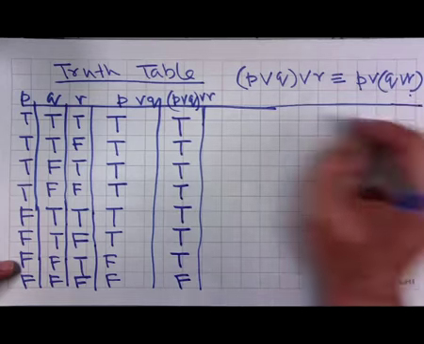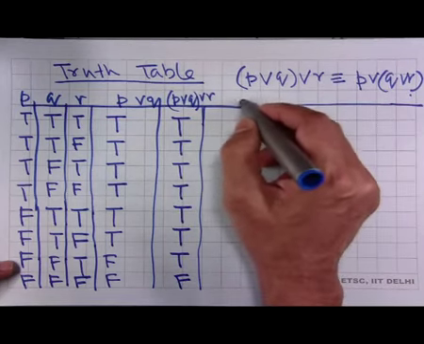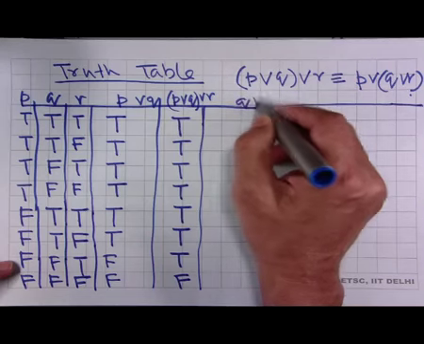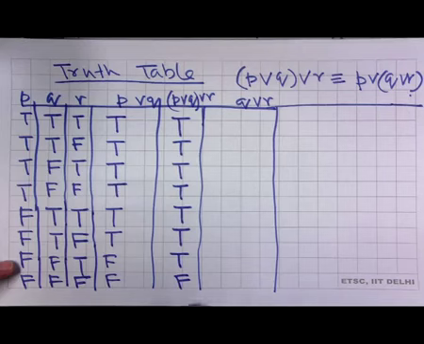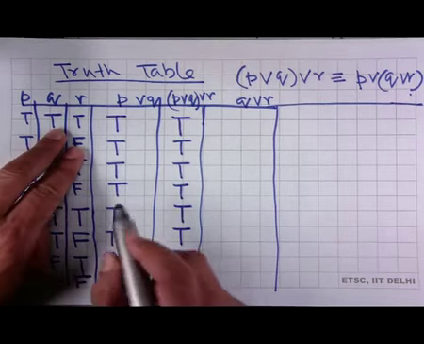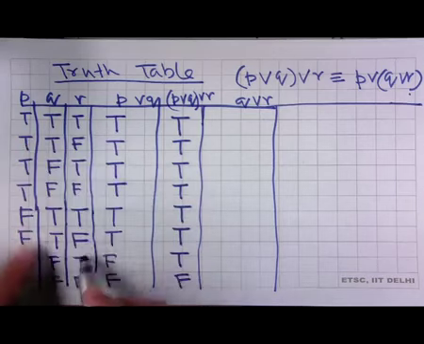Now, we look at it from the other side. So, let us compute Q or R. Q or R, we will be ORing between the values along these two columns.